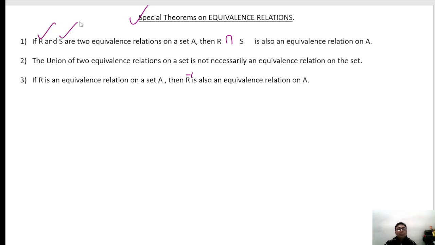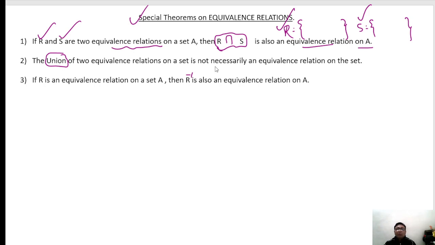If R and S are two equivalence relations, mind it, their intersection will also give you an equivalence relation on A. Similarly, if R and S are two equivalence relations, the union of two equivalence relations is not necessarily an equivalence relation on the set.